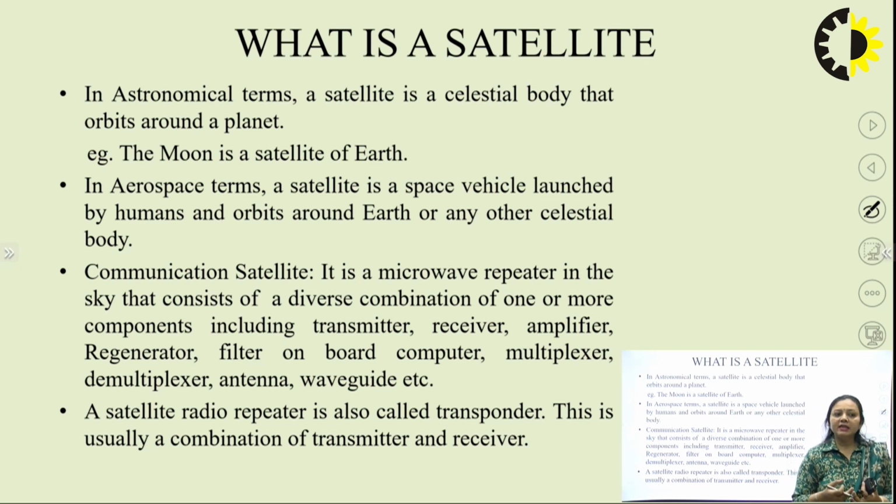A communication satellite is nothing but a microwave repeater in the sky that consists of a diverse combination of one or more components. The components can include a transmitter, receiver, amplifier, regenerator, filter, onboard computer, multiplexer, demultiplexer, antenna, waveguide, etc. A satellite radio repeater is also called a transponder. This is actually a combination of transmitter and receiver.